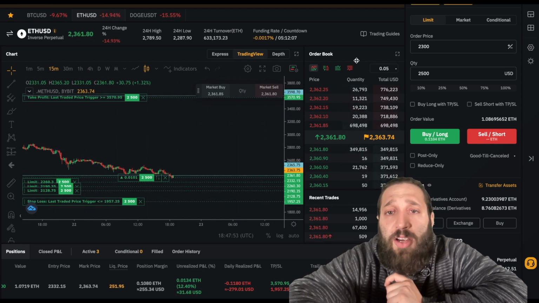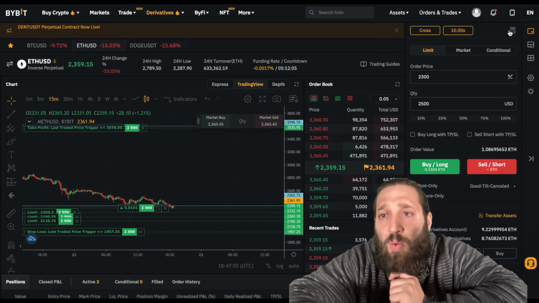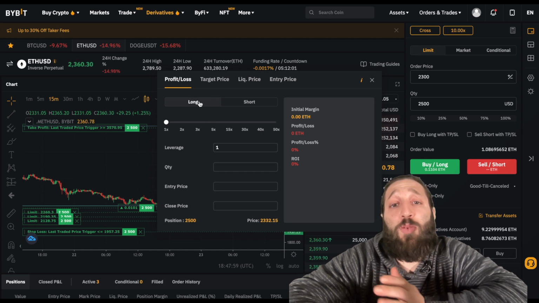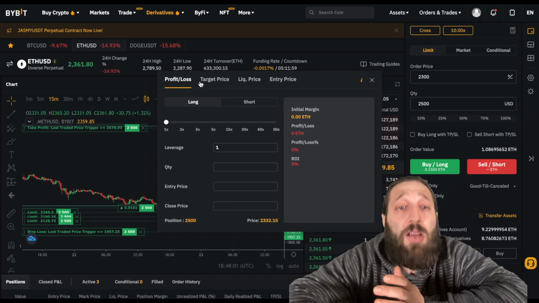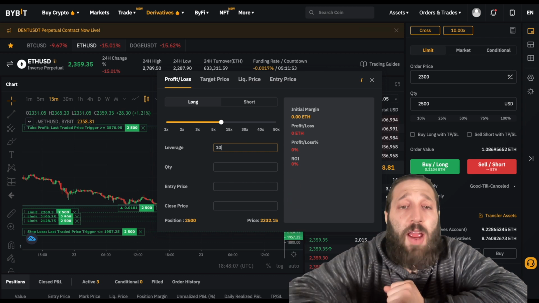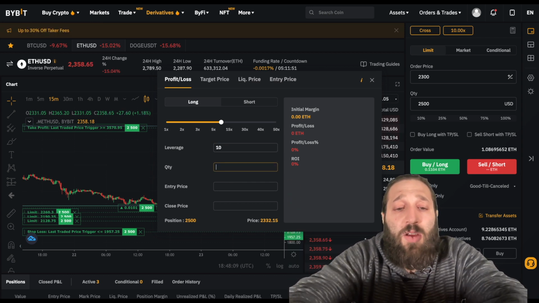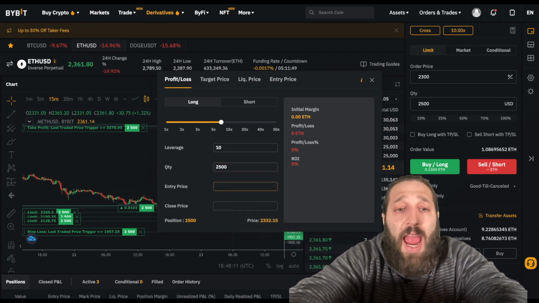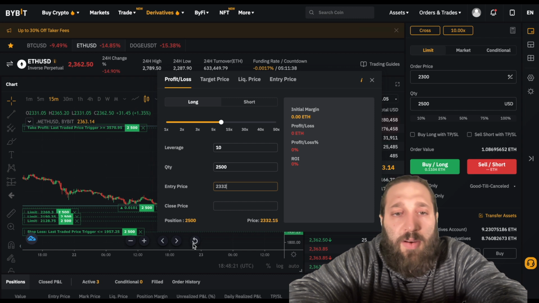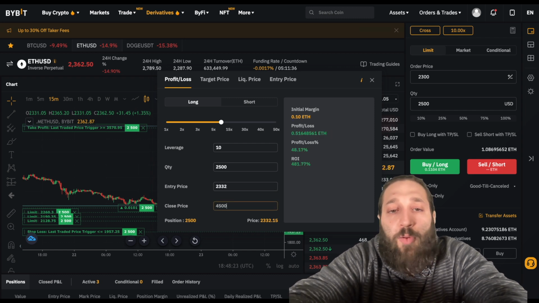I want to also share they have the calculator, which is right here, and you can use the calculator to gauge your profit and loss. You can do target prices. So if we're going to do profit and loss, we're in a $2,500 entry right now. Leverage is 10, quantity is 2,500. Entry price was 2,332, and the close price, let's say 4,500.